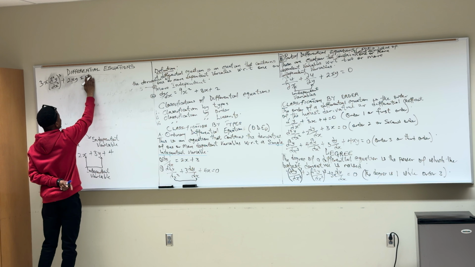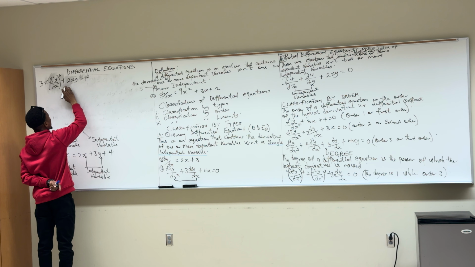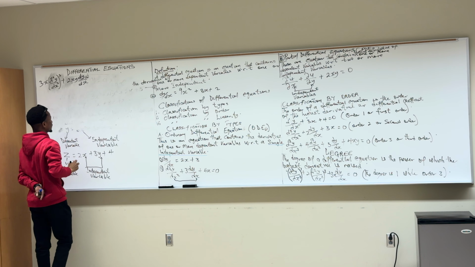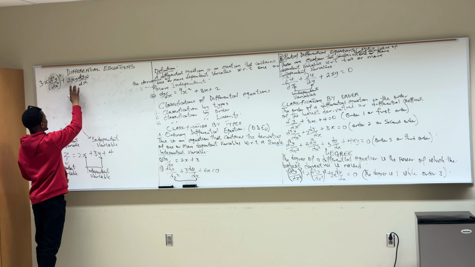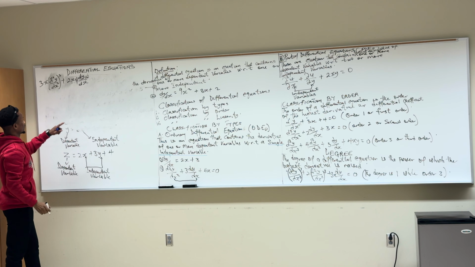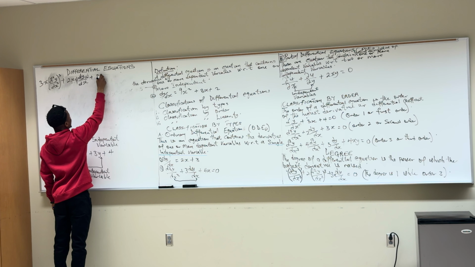Or let's say we have dy/dx, 2x this, then plus 3 equals 0.